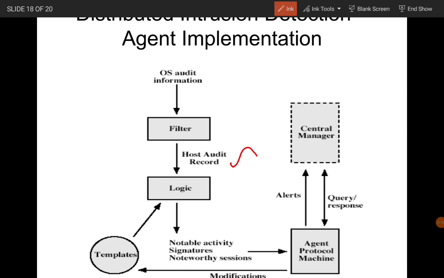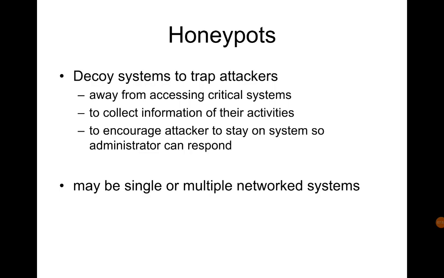Then we apply logic-driven templates to find suspicious behavior. If any such suspicious behavior is identified, it is given to the central manager for further analysis. Thus, we can alert them with a notification and so on.